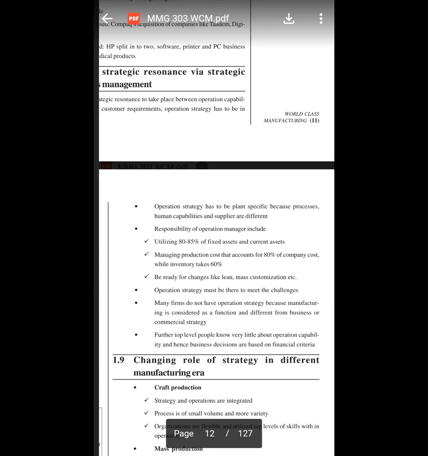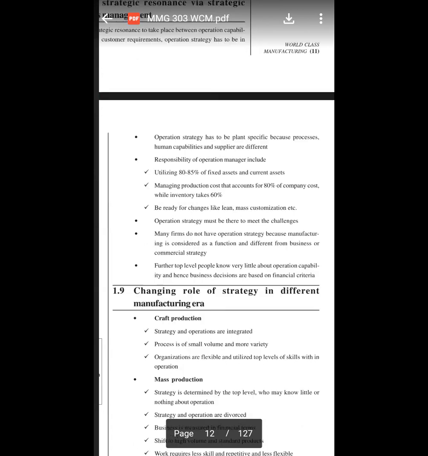Okay, now see, lean and mass customization, that is also one of the challenges which operational managers have to face. Operational strategy must be there to meet the challenges. Now see, they are saying certain kinds of challenges.